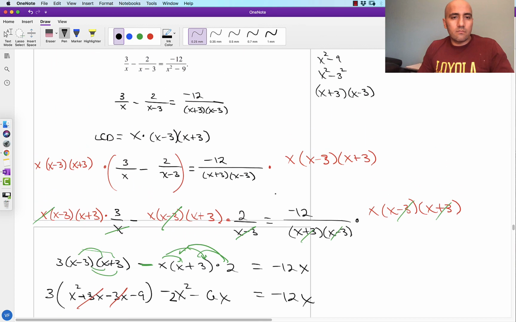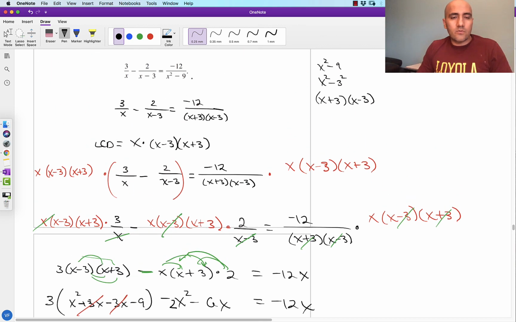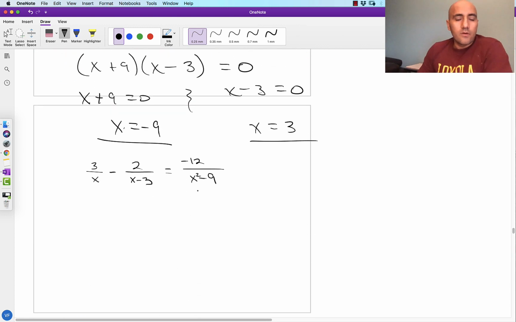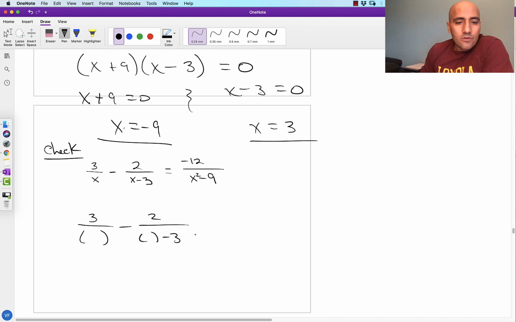Okay, so we can check to see if in fact this is true. So it's 3 over blank minus 2 over blank minus 3 equals negative 12 over blank squared minus 9.